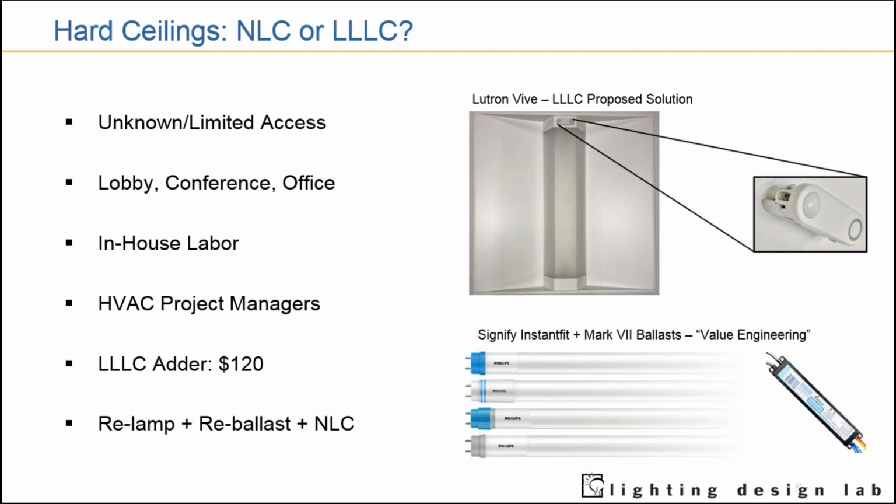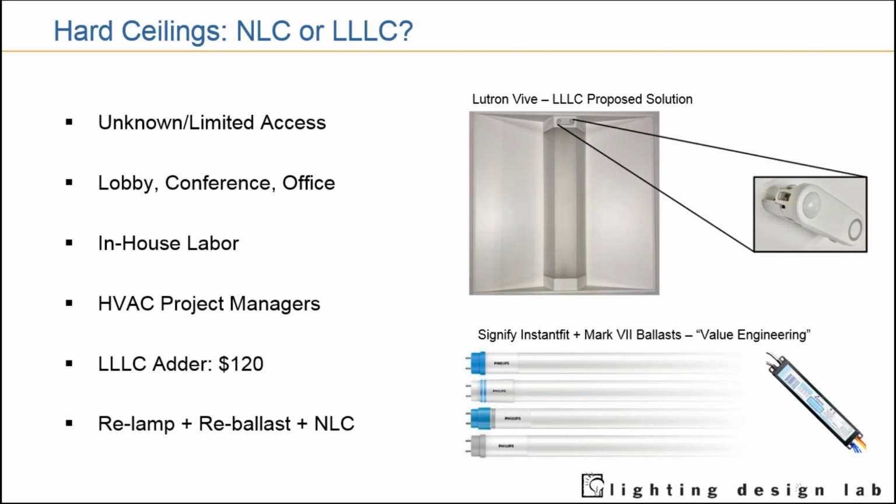So we were talking about, hey, there is this emerging technology, luminaire level lighting control, and luckily enough, one of the fixture families they were looking at for the projects, I believe it was the Dye family from Axis Lighting, was compatible with the LLC module from Lutron.